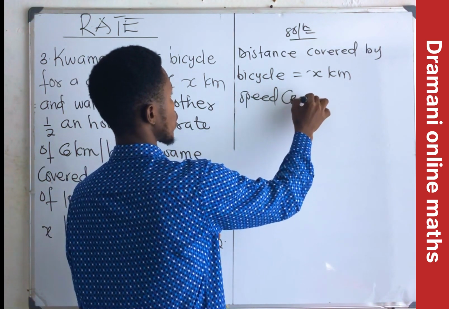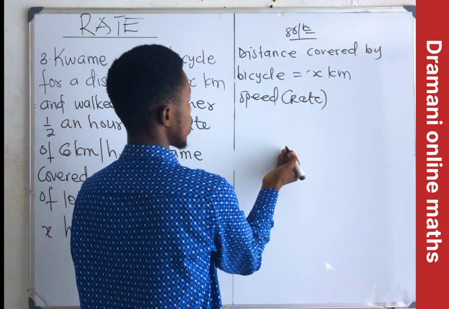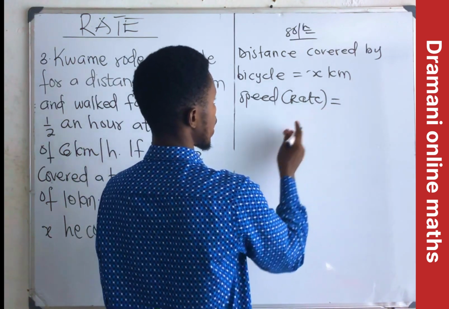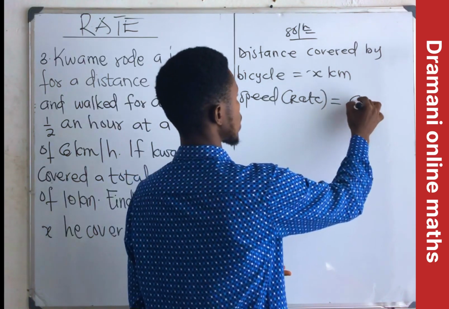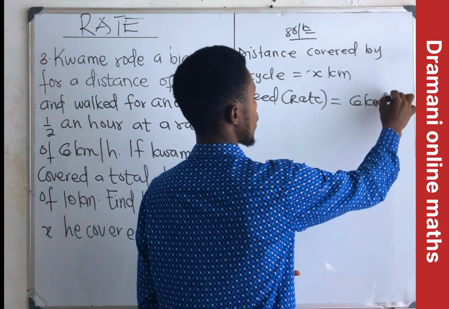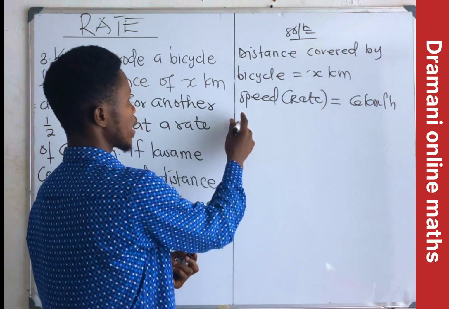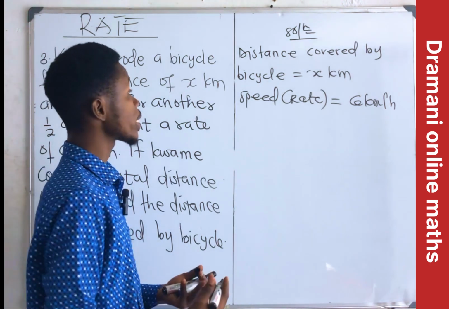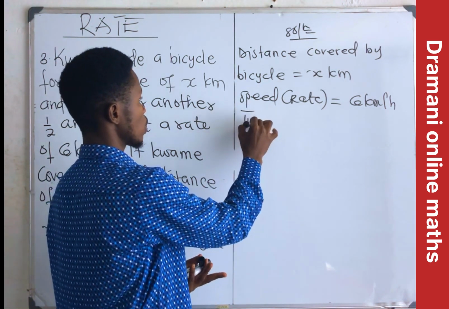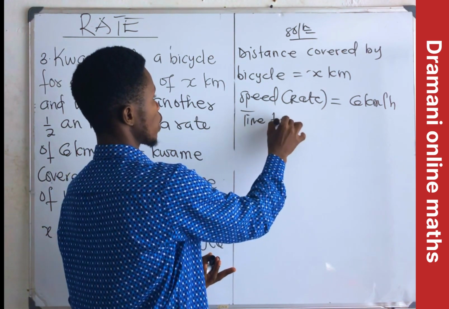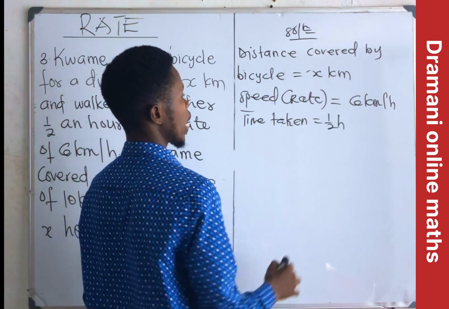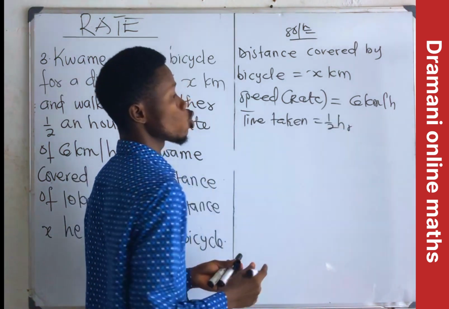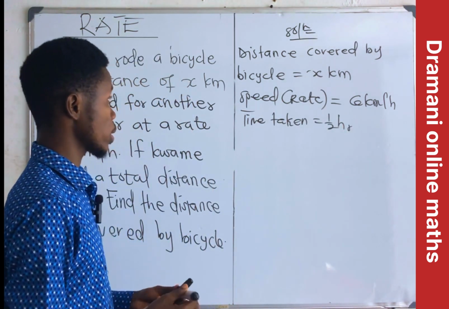They said rate, okay, and that one is by foot, when he walked with 6 kilometers per hour. Is that okay? And as he was walking, the time taken at that time was half an hour.